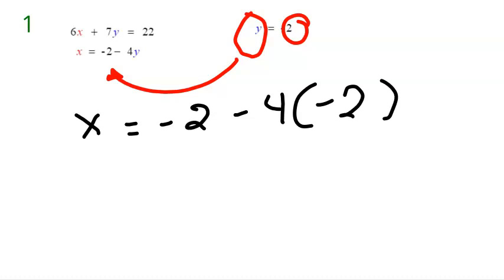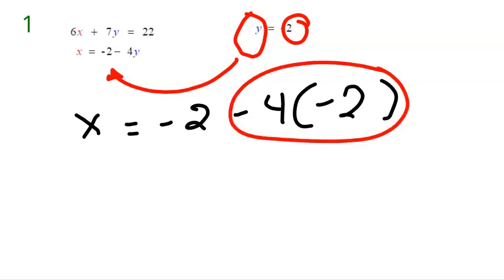So now we can simplify what we've got here. Negative 4 times negative 2, right here, is going to be equal to positive 8. So now we'll have x is equal to negative 2 plus 8. Negative 2 plus 8 is the same as 8 minus 2.